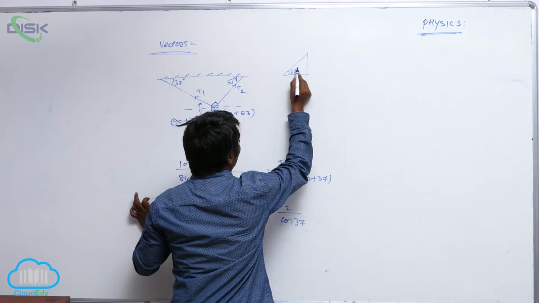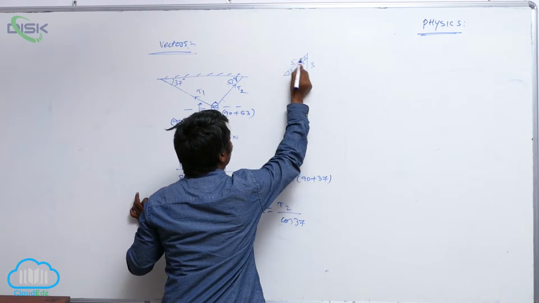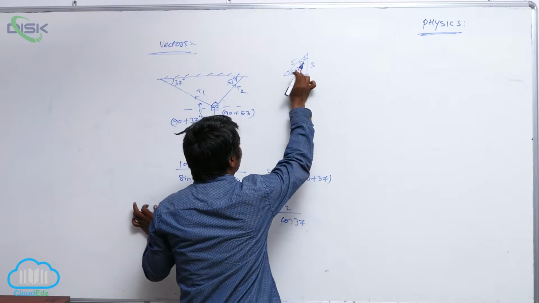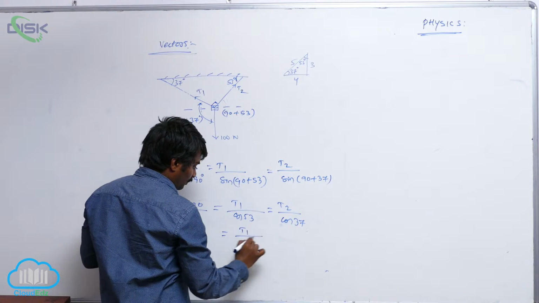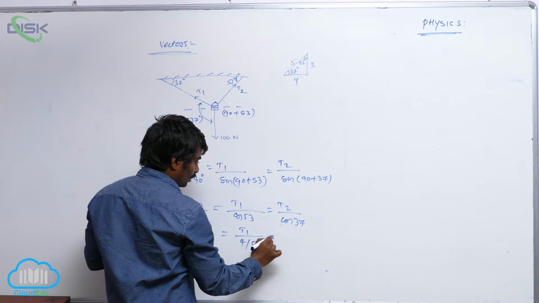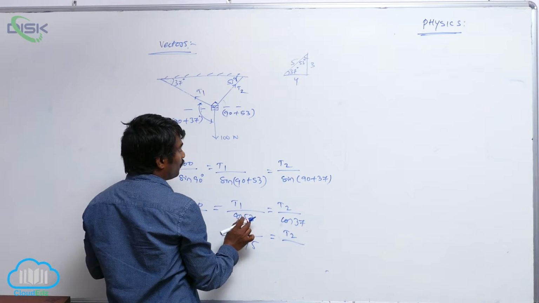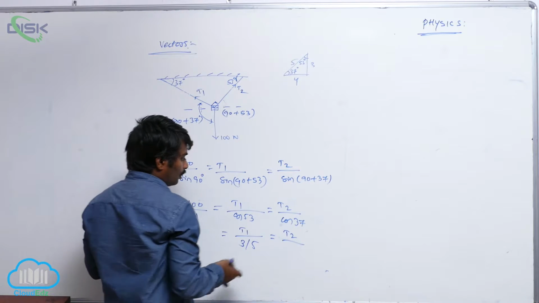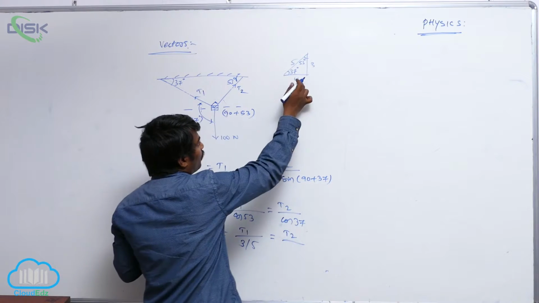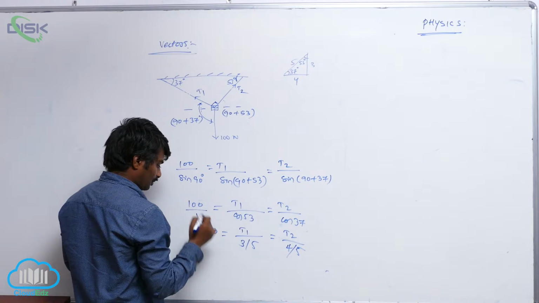This is 37 degrees, this will be 53. So 3, 4, 5. For 37, 4 is adjacent, so T1 by 4 by 5 is equal to T2. For 53, 3 is adjacent, so 3 by 5. For 37, 4 is adjacent, so 4 by 5, that is equal to 100.